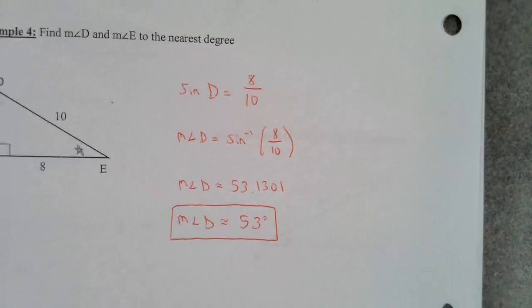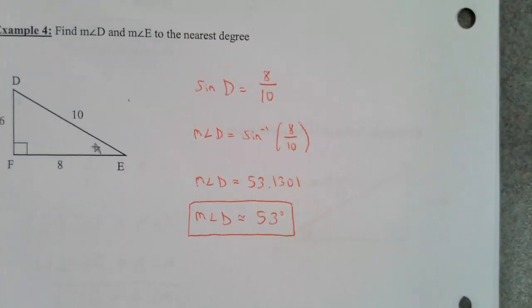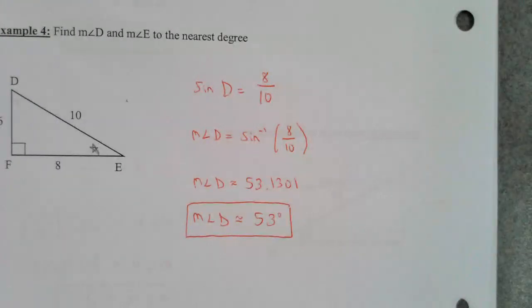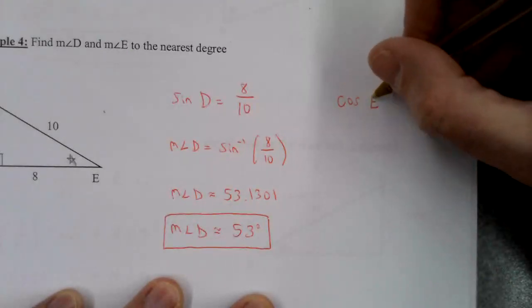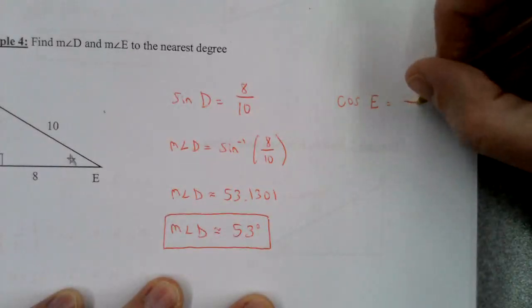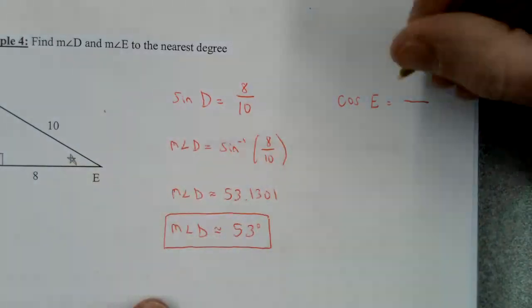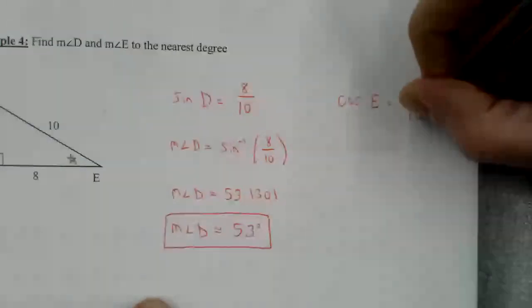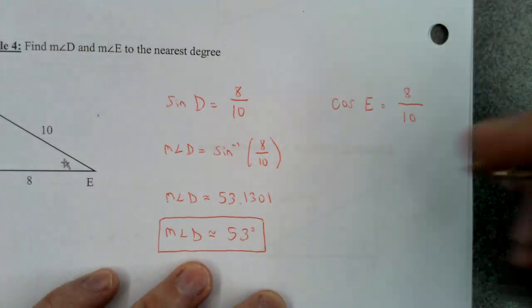Okay? Again, we can use any trig function we want because we have all 3 sides. We can use sine, cosine, or tangent. We just did sine, so let's switch it up. Let's do cosine for angle E. So I'm going to say cosine of E equals adjacent over hypotenuse. So 8 over 10. So the measure of angle E equals cosine inverse 8 over 10.